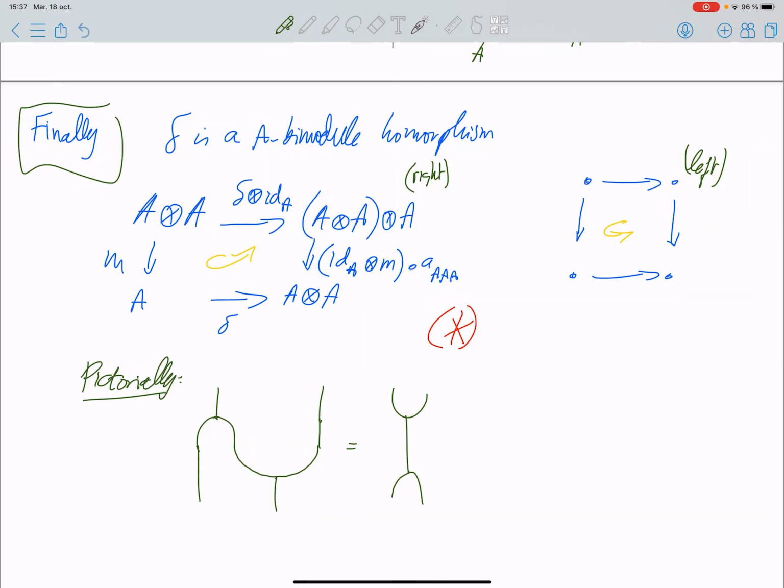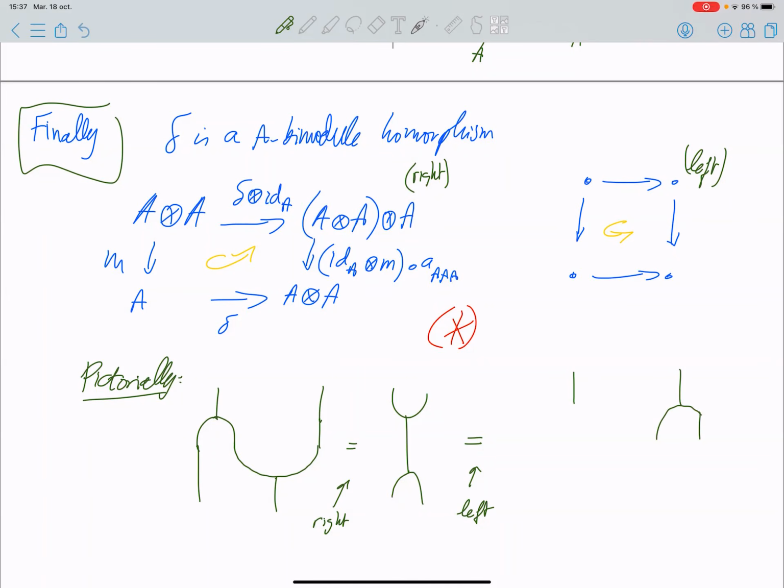This is the right part. And the left part is similar. This is just the mirror image, in fact. You see? So you start from that, and then you have that.